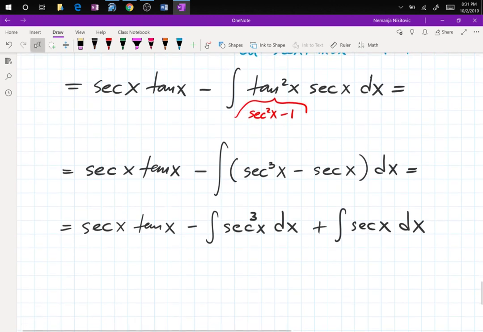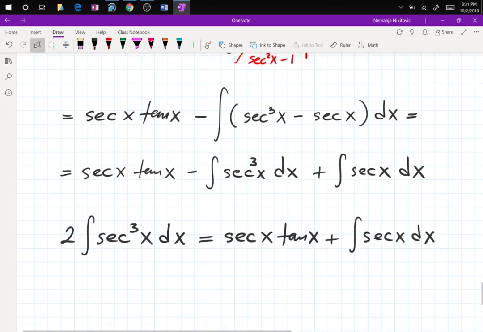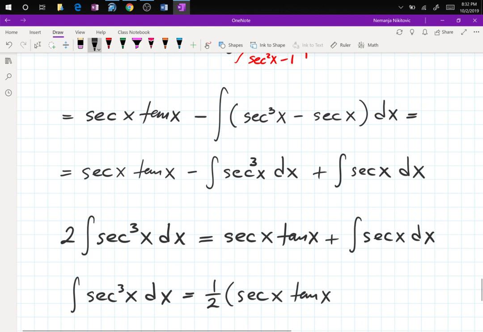They add together on the left-hand side as 2 times the integral of secant cubed x dx, leaving on the right secant x tangent x plus the integral of secant x dx. So the integral of secant cubed x dx, which is the problem we're looking to find, is 1/2 secant x tangent x plus the integral of secant x dx plus c.